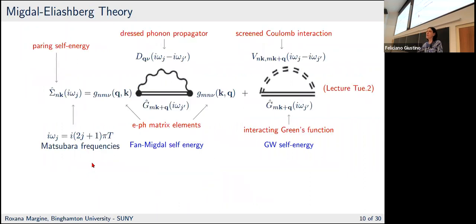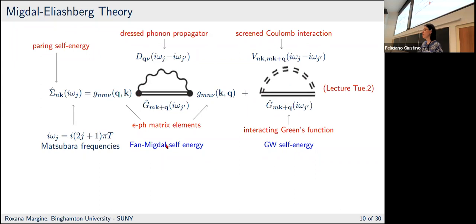The starting point is that we need to have an electron self-energy. In superconductivity, again, we are going to have two terms, almost like in the normal state, but the difference being that now we have matrices instead of just one component.